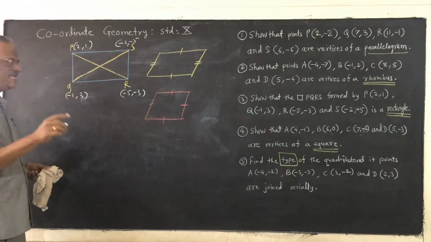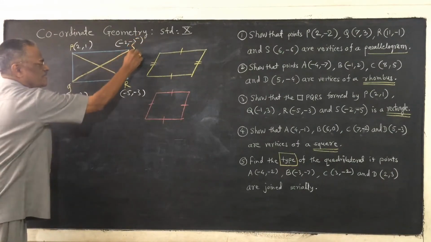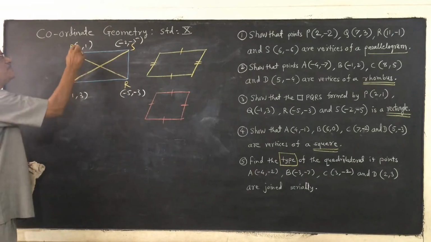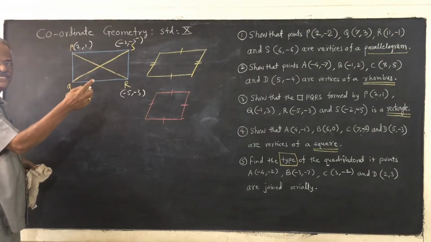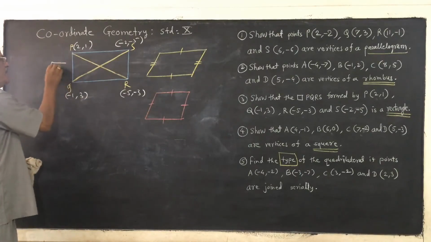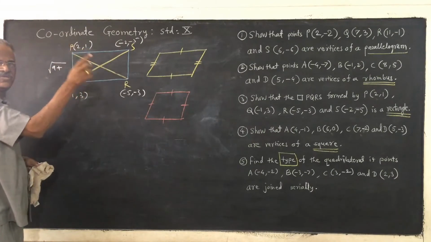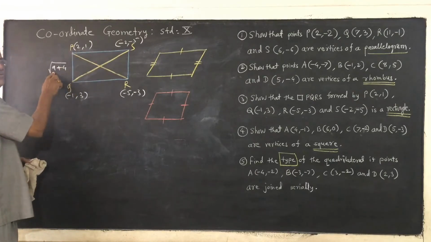So find PQ, then find SR. Minus 1 minus 2 is -3, square is 9, plus 3 minus 1 is 2, 2 square. So this side PQ is under root 13.